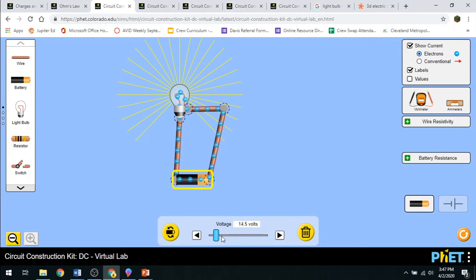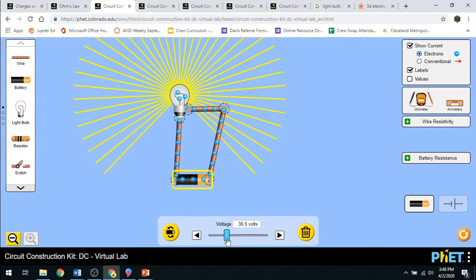And the battery, where usually most batteries have, we're going to say 1.5 volts, okay? Which you can see there's not much power here. And because the voltage is low, you can see the electrons are not flowing very quickly, so there's not very much current.